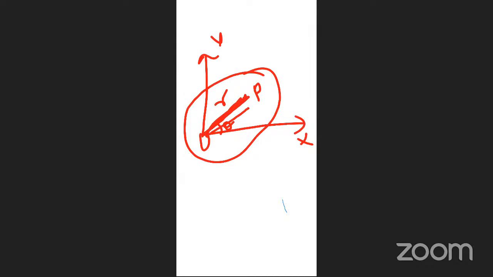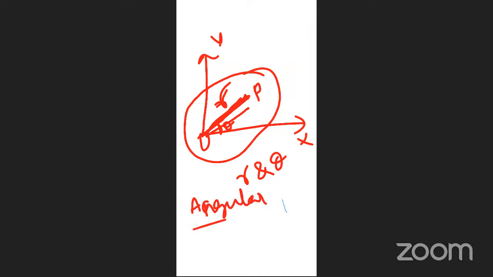We choose a particle P, and the position vector is R, the distance OP is R, and the angle is theta. For different particles of this plane, the values of R and theta will be different. So what is the angular position?